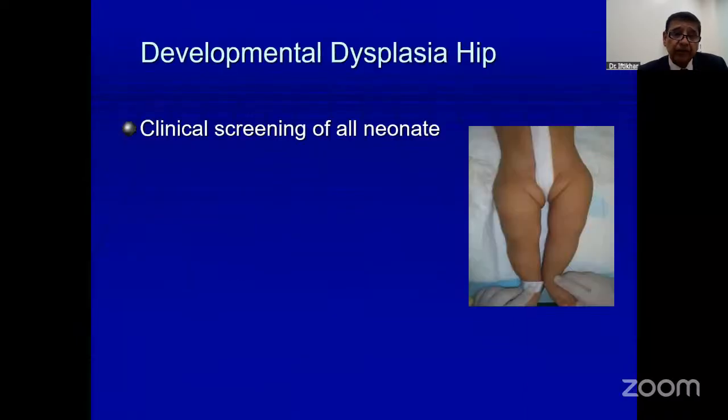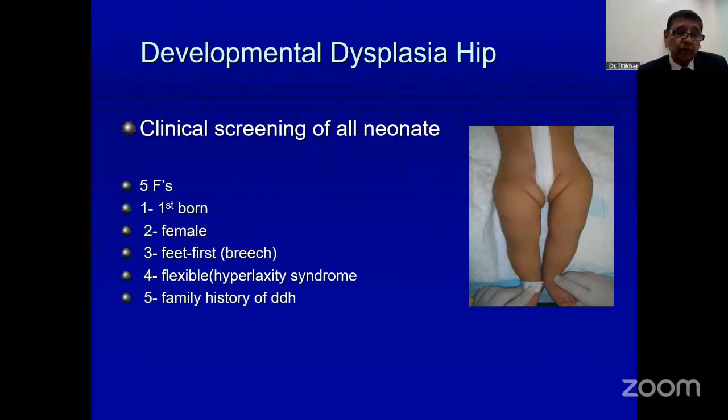Now, screening of all neonates is very essential, and you guys, the pediatricians and GPs, do very well in this line. So what do you look for when you screen these children? Most of the time you need to look at the 5 F signs: first baby, female child, feet first presentation, that is a breech presentation, flexibility, that is hyperlaxity of this joint and the other joints, and family history of DDH.